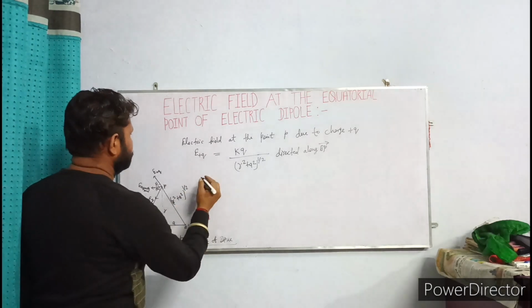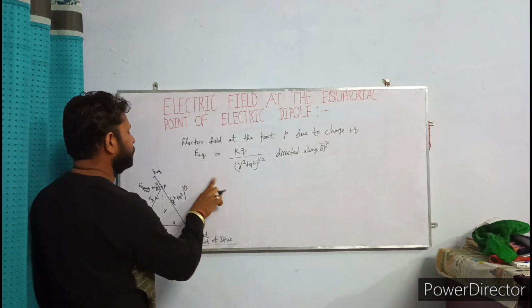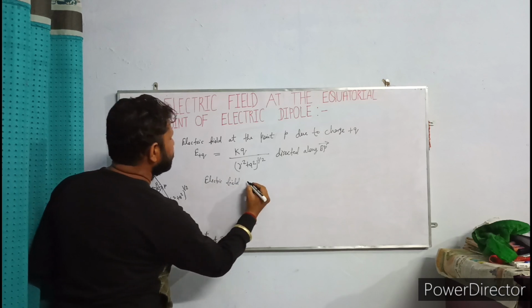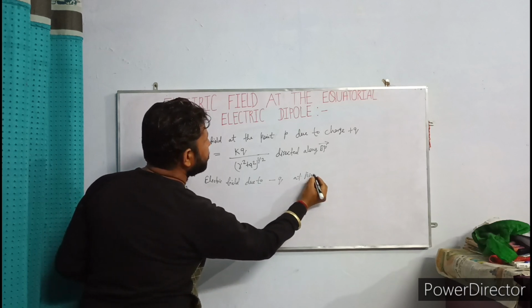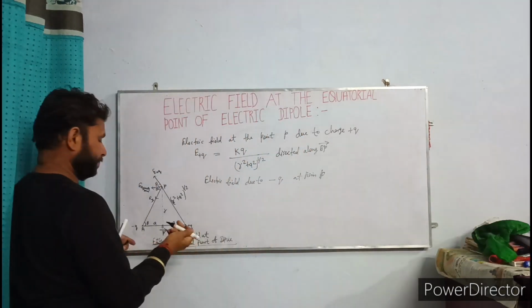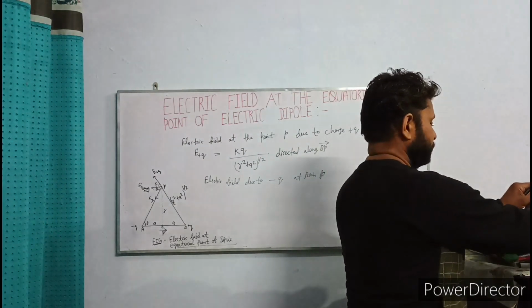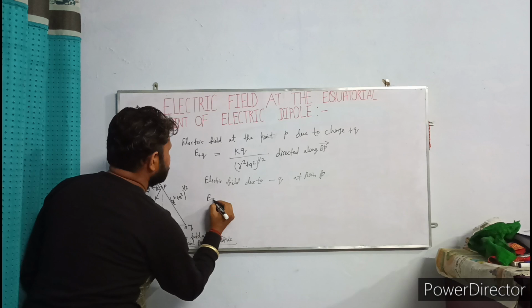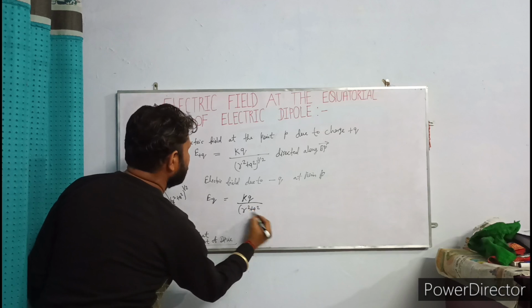Now similarly, the electric field due to minus Q at point P, E minus Q, is equal to kq upon r square plus a square, power 1 by 2.